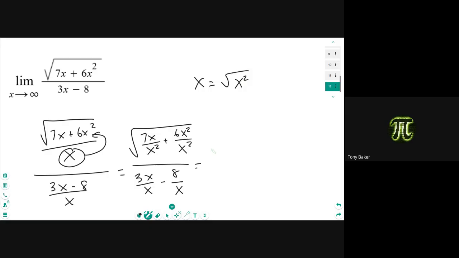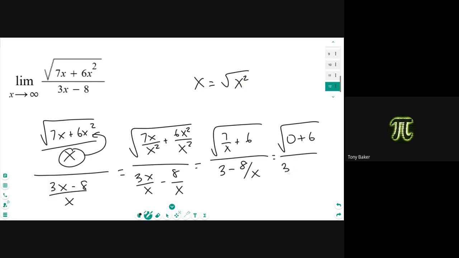So I have square root of 7 over x plus 6, over 3 minus 8 over x. So now I can do the same rules that I was doing before, 0 plus 6 over 3 minus 0. So my limit is the square root of 6 over 3.